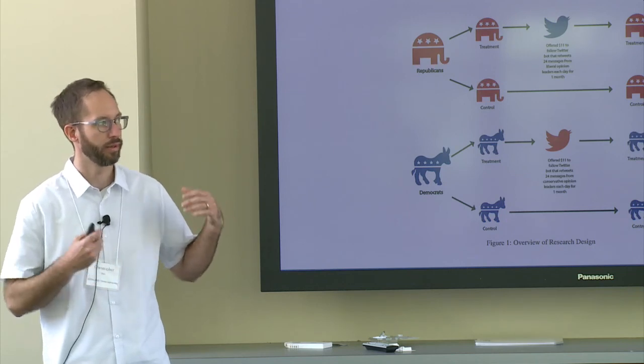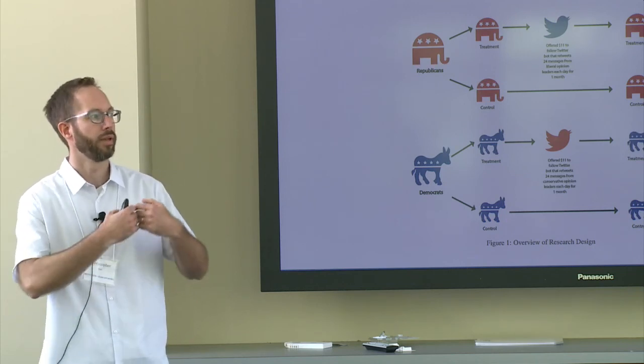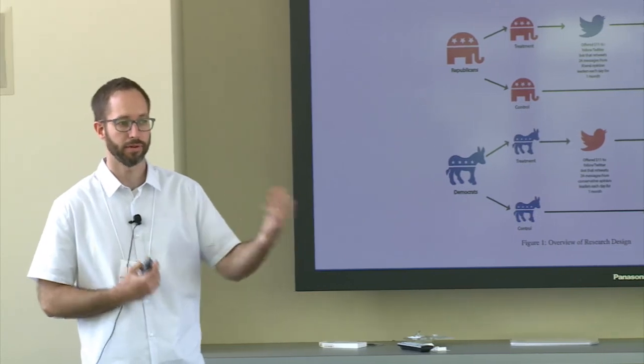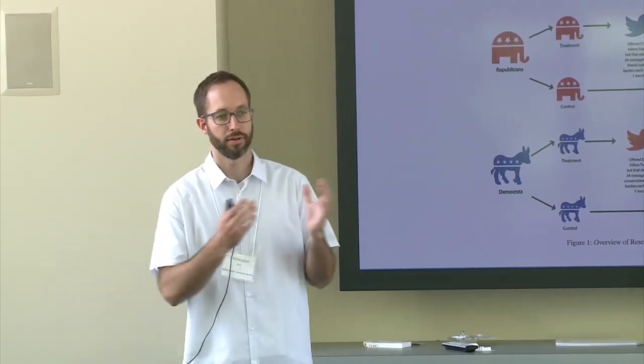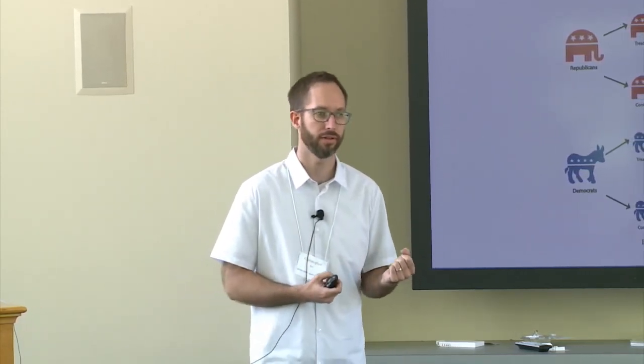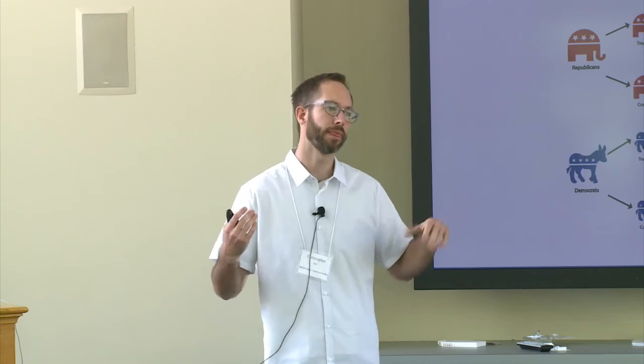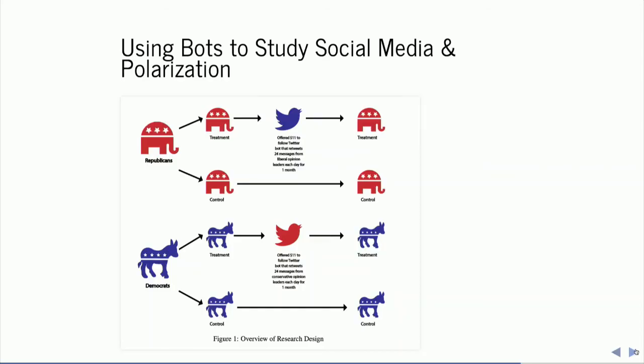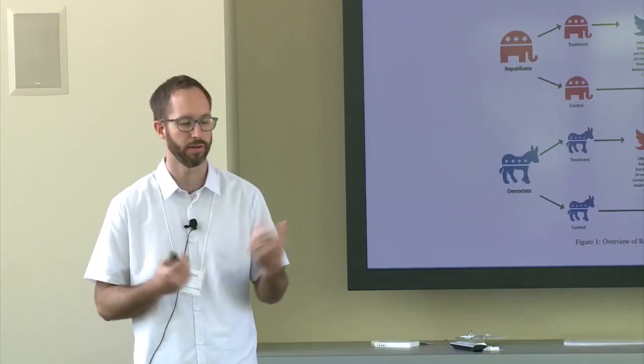We get elected officials. We scrape the names of the people those elected officials follow. We build a large graph of people who are followed by a lot of elected officials, which we use to infer the ideology of non-elected officials. Then we have a great big graph, we do a correspondence analysis on that graph, and we pull out a feature that is a left-right continuum. It's crude, but it roughly follows party.